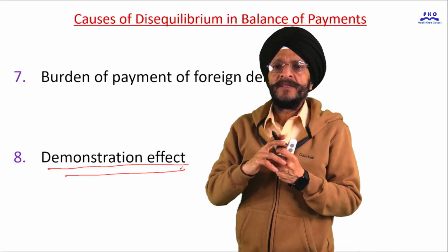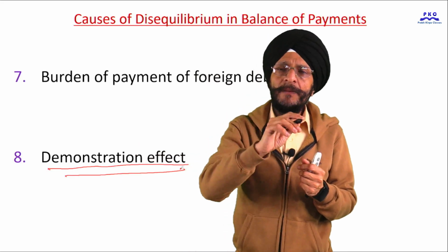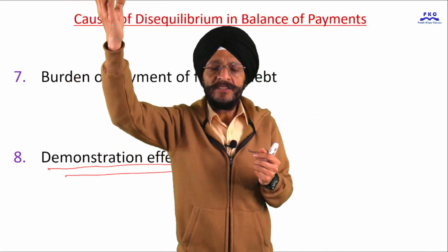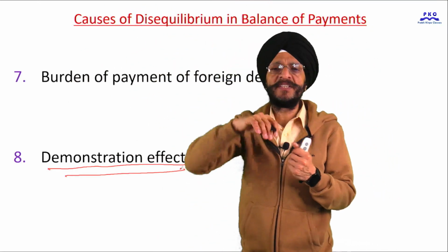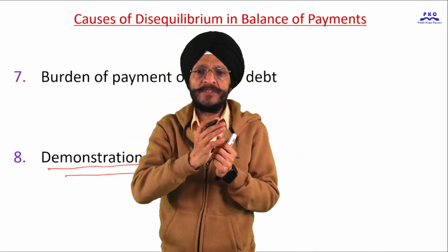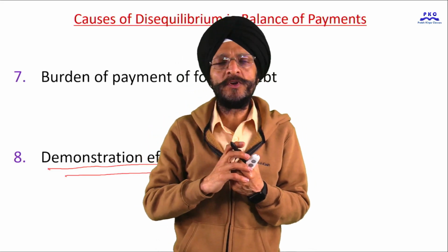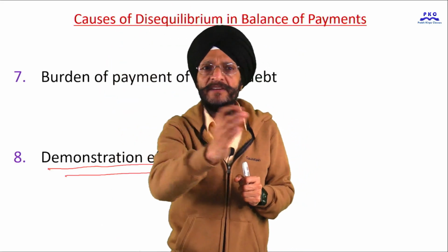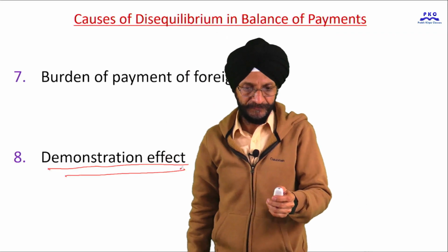So if the residents of a developing country imitate the developed countries, it may result into import of certain goods and services from the rest of the world. So when the imports of goods or services increase, it will naturally result into outflow of foreign exchange, and it will ultimately result into disequilibrium in balance of payments.